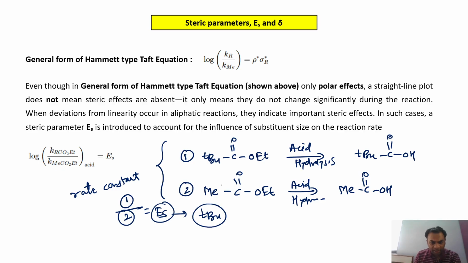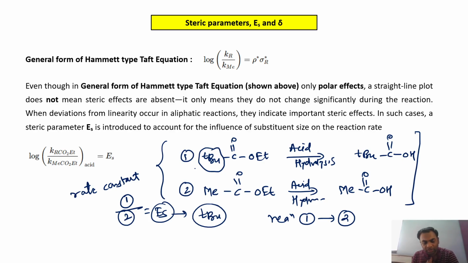Theoretically, we can conclude that the rate of reaction number 1 will be much slower than reaction number 2, as in reaction number 1 there will be huge steric crowding due to this tertiary butyl group. In this way, by comparing a number of reactions, we have the Es value for that particular substituent.